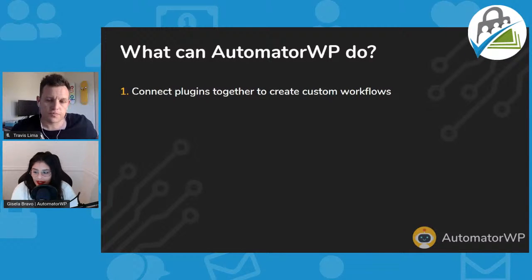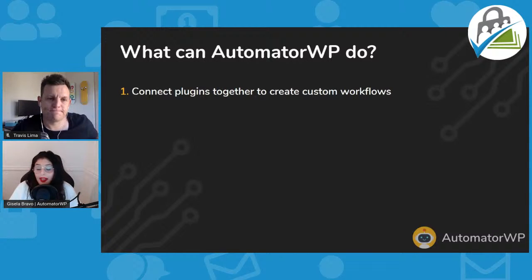This is why Automator WP is very important, especially in membership sites, because, as you said, once we have a new user in our community, maybe we want to add them to a forum, or they have access to some courses or whatever. So with one plugin, we can do all this big integration.